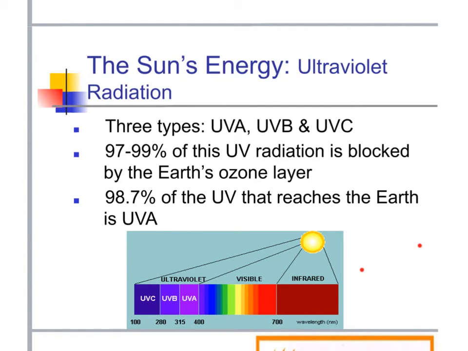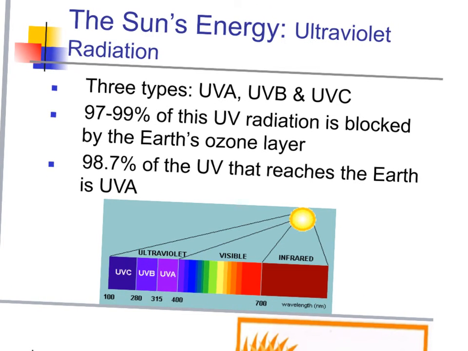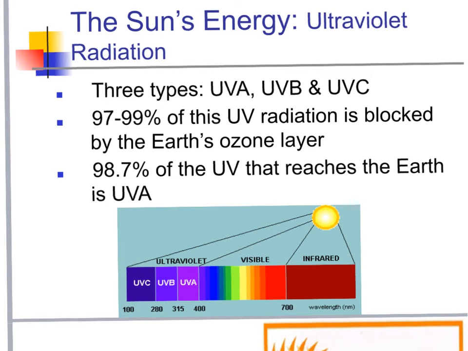And we would say that it has a wavelength between 400 and 700 nanometers. There's also ultraviolet light, which you've probably heard of before as UVA, UVB, and UVC, and finally infrared light.